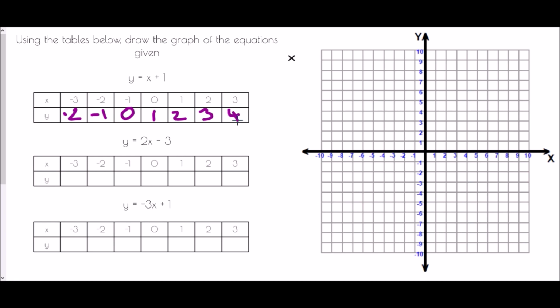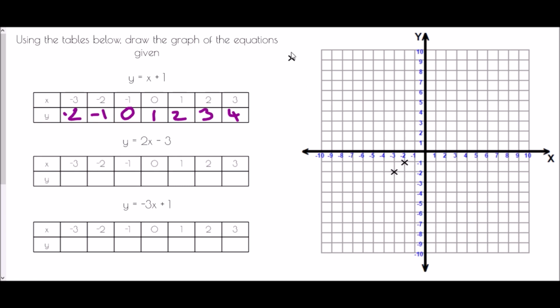Now what this has actually done is form a full set of coordinates. We have 7 different points that we can mark onto our graph. So we use the table to create the coordinates that we will plot. So the first one is -3, -2, sorry. The second one is -2, -1.